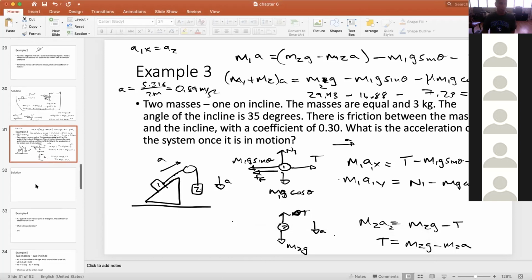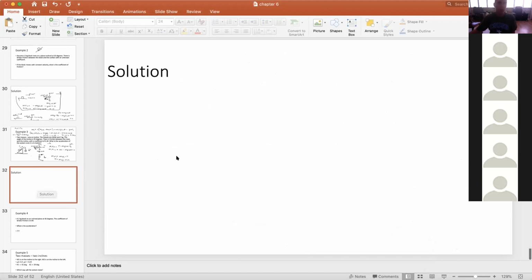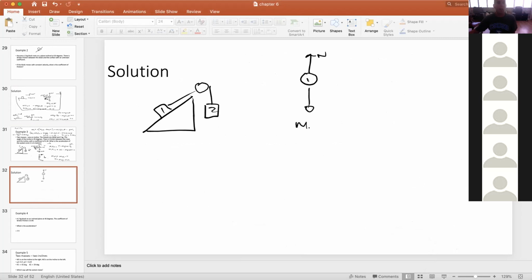So I'm going to go to what happens when you choose the other way. What happens when we choose wrong, and how do you know right away that you've chosen wrong? So back to number 1, there's a normal and an m1g cos. Remember that now we're choosing a to be up the other way.